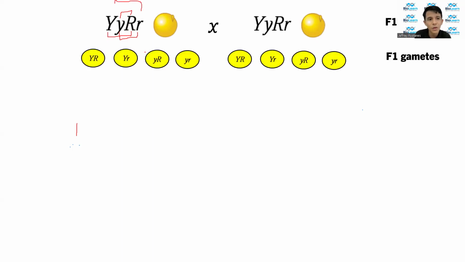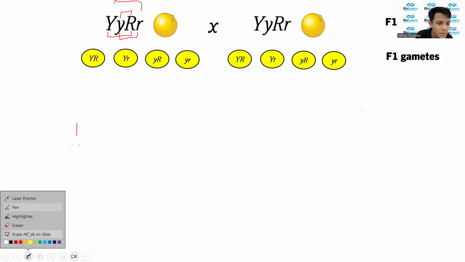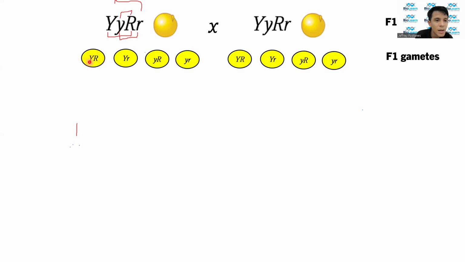And then you will get the following gametes. Capital Y, capital R, this is from this one. Then capital Y, small r, that's the outer. Then your inner is small y, capital R, and then your last is small y, small r.